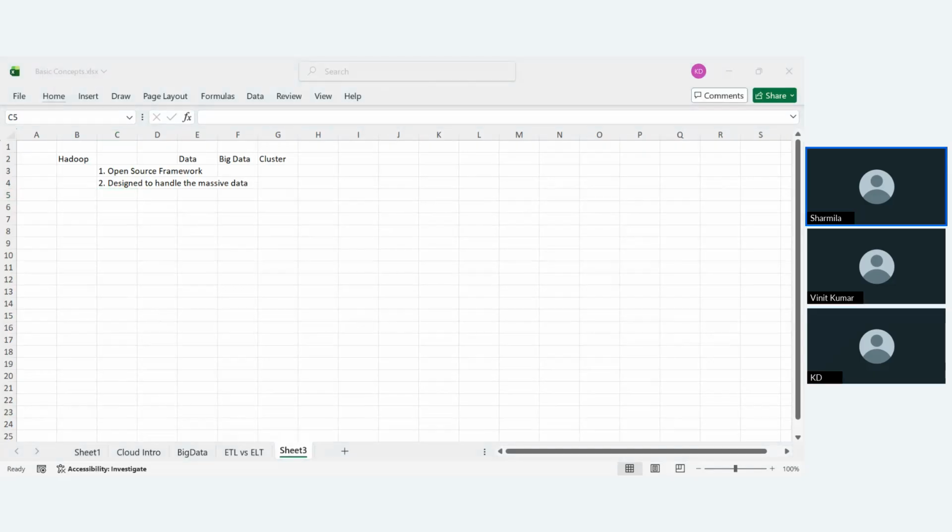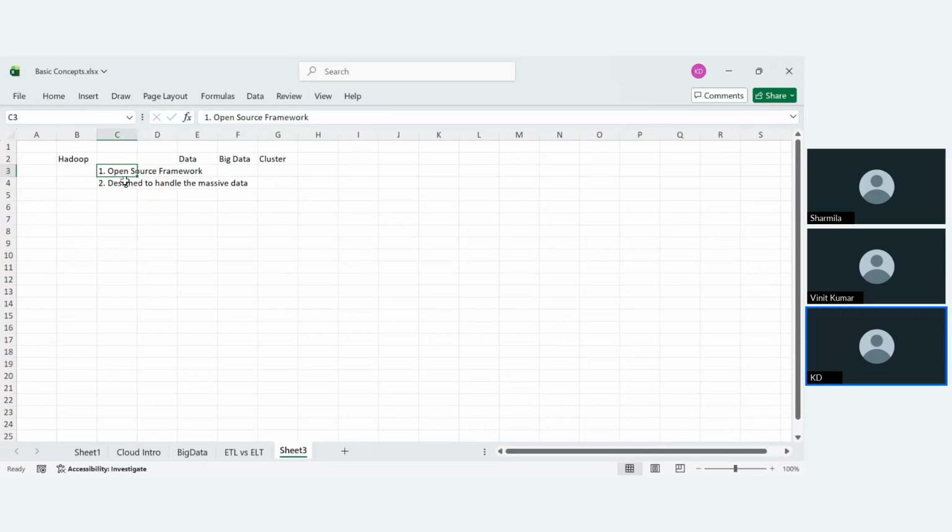Your voice got broken in between. I don't hear anything. Till where did you hear properly? Before you write the point on open source. Okay, you just started, that's it. Is it clear now? Yes.